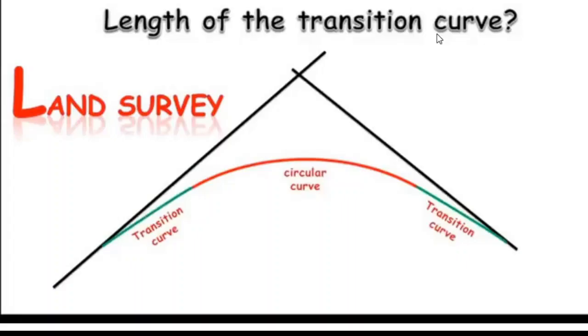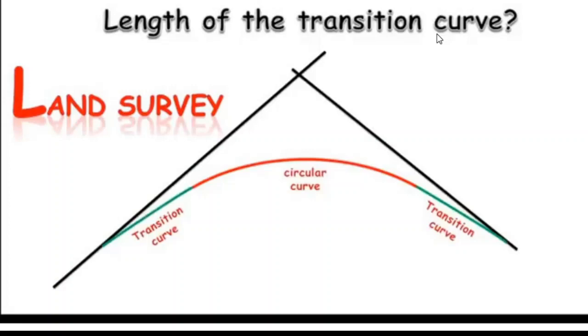So we will see. This is the straight line. This is the circular curve. When the train moves from a straight line directly onto the circular curve, it will experience discomfort. The people will experience discomfort.